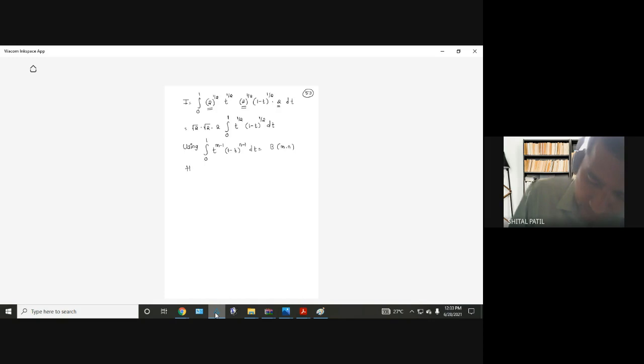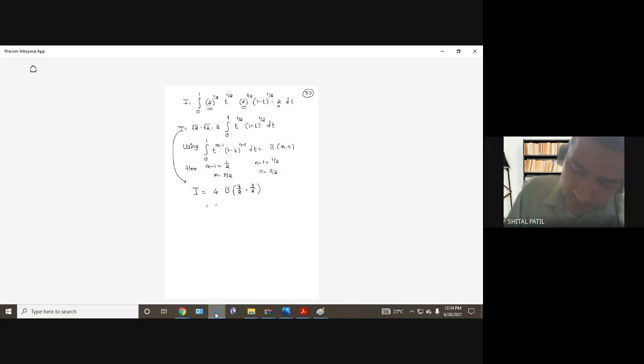So here m minus 1 equal to half, n minus 1 equal to half. Therefore, the integral will become root 2 into root 2 is 2, 2 into 2 is 4, beta of m, n, 3 by 2 comma 3 by 2.